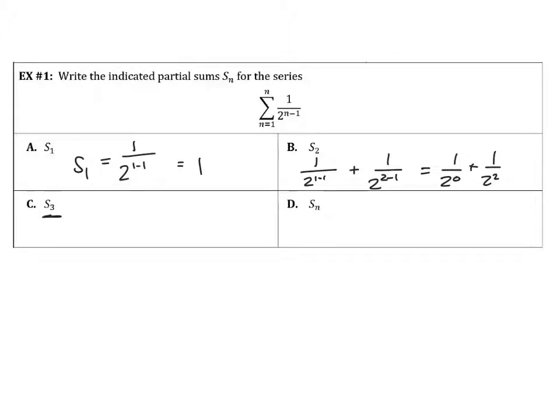Our third partial sum of the series is going to give us 1 over 2 to the 0 plus 1 over 2 to the first plus 1 over 2 to the second. And so notice that for our nth partial sum, that's going to give us 1 over 2 to the n minus 1. So we're going to generalize there for that nth partial sum.